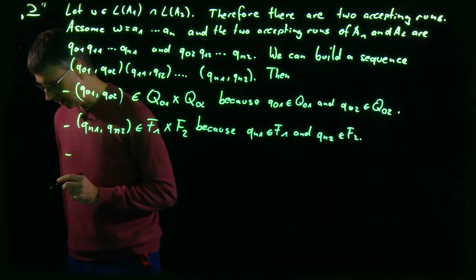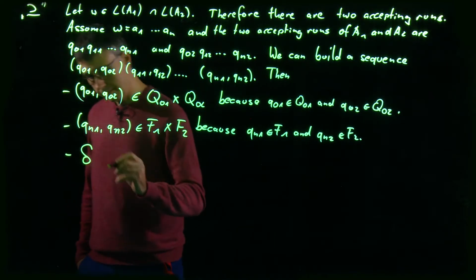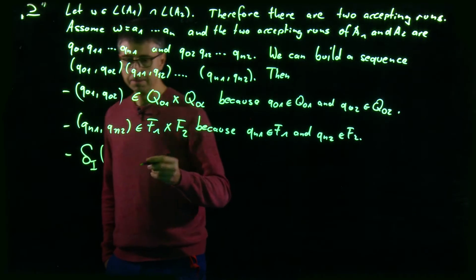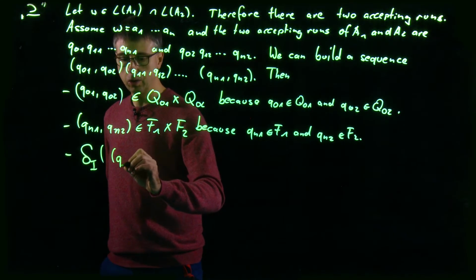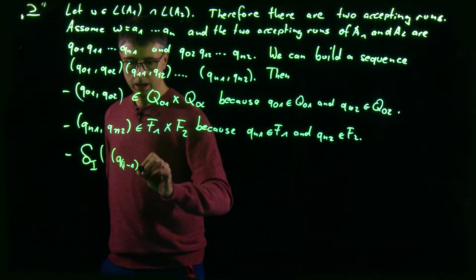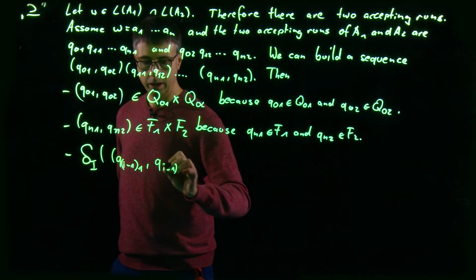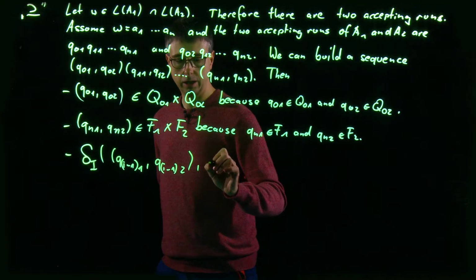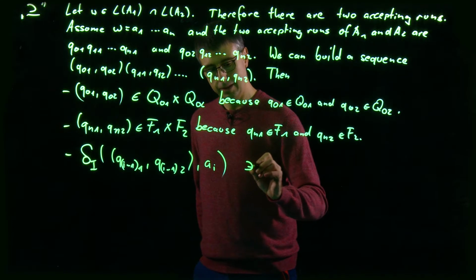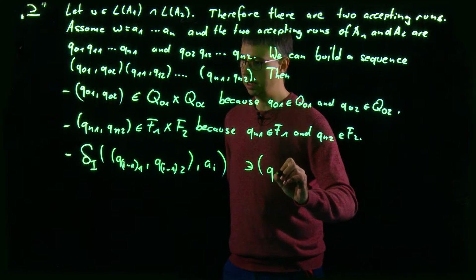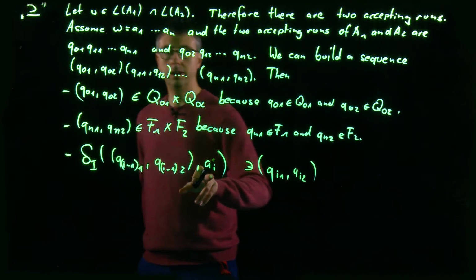And finally, we know that if we consider the transition relation delta and we check what it does, we assume that for this transition relation we are in the state q_{i-1}^1 in the first automaton, and q_{i-1}^2 in the second automaton, and we consume a_i, then we know that the state (q_i^1, q_i^2), so this pair, is actually in the set that's yielded by this transition function.